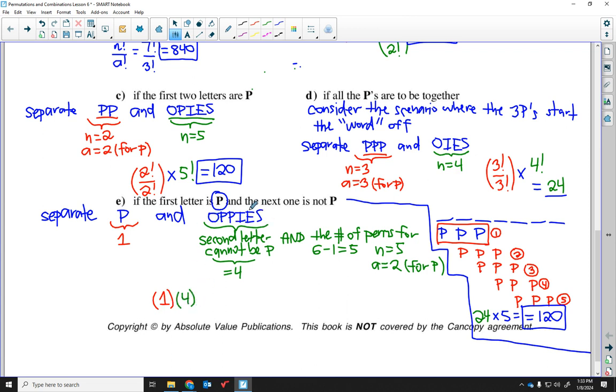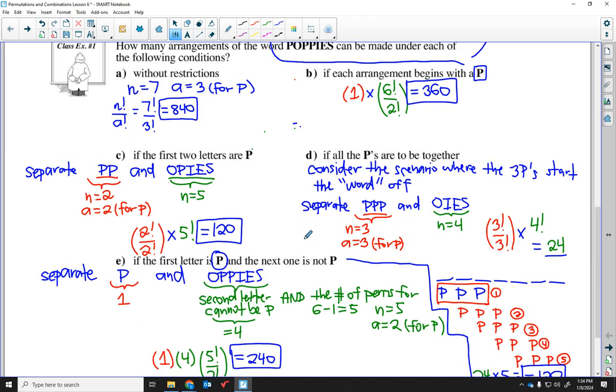And then of the remaining letters, the 2 P's are going to be in there. So of the remaining letters, of which we have 5, we're going to write down 5 factorial. And then to account for the fact that the P's repeat, we're going to divide by 2 factorial. Multiplying these together, we have 1 times 4 times 5 factorial over 2 factorial, and that should be equal to 240.